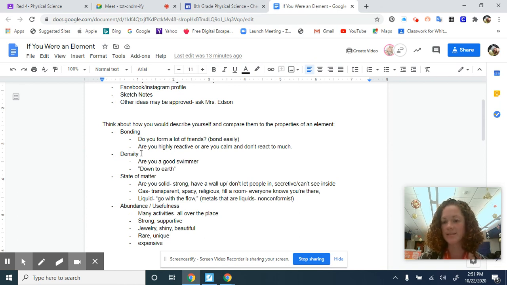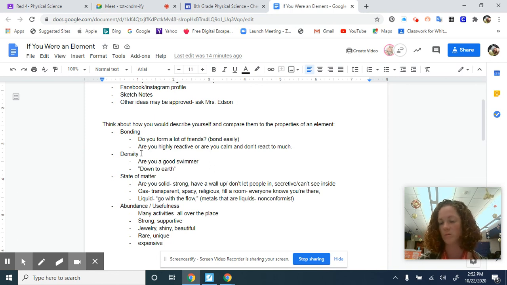You could look at the density of the elements. So if you're a dancer or a swimmer or a surfer, and you feel like that is what really defines you, then maybe you want to find an element that has a very low density, something that would float on water. So you can say, I'm a really good swimmer, I'm a really good surfer, or even dancers, they have to float through the air.